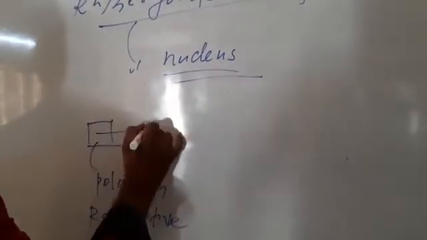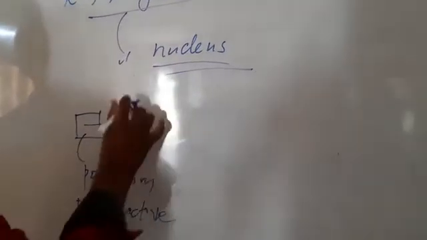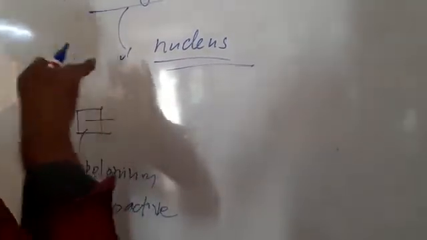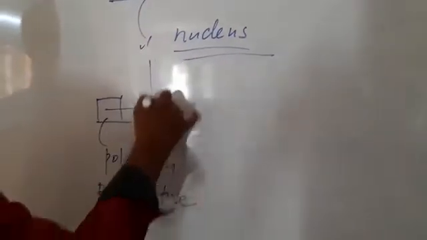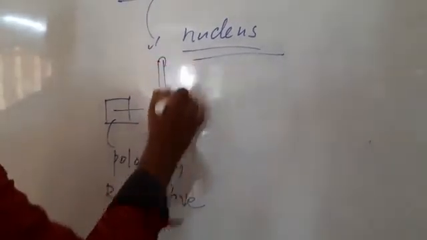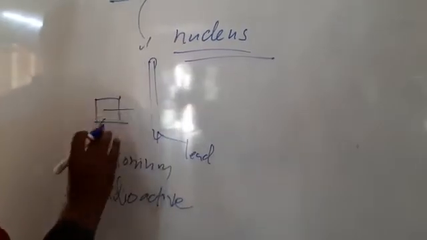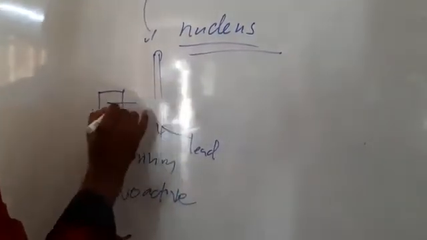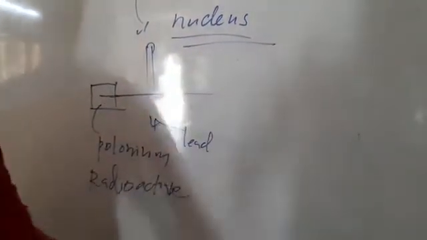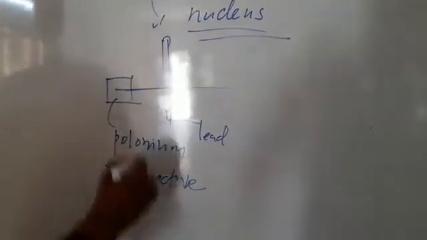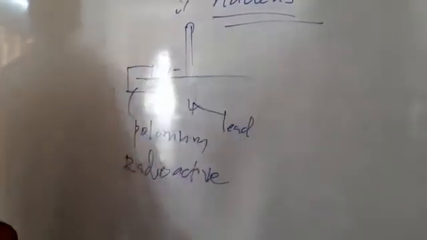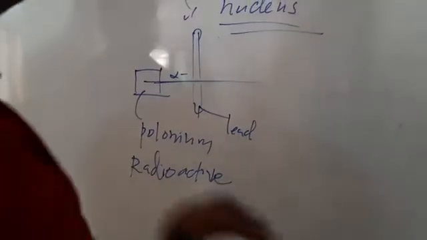This polonium metal is inserted in a lead plate, and from the polonium, alpha rays are passed.